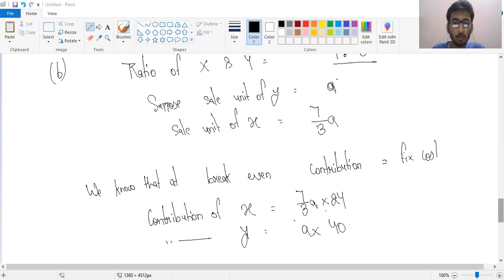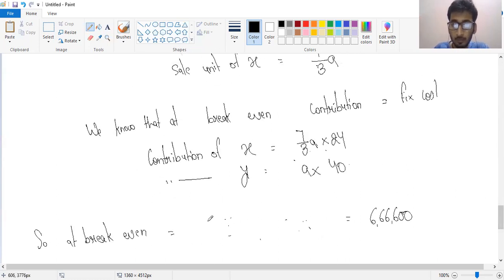It's given specifically that 50 is the variable sale price and 10 is the variable cost. So just solve this: 7 upon 3A multiplied by 24 plus 40A equal to 666,600.